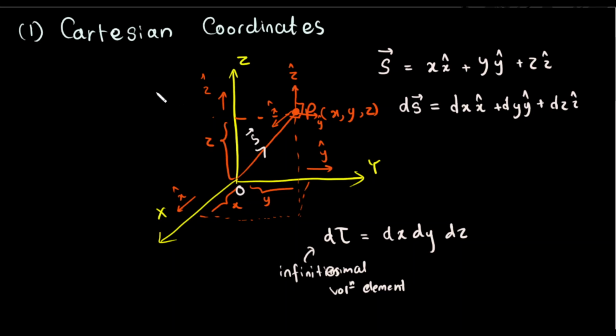Because when it comes to the Cartesian coordinate system, it forms a box, just like a cube. When you're going to find the volume of that cube or a box-shaped object, you will have to find the height, the length and the width of that box. It is just like that.